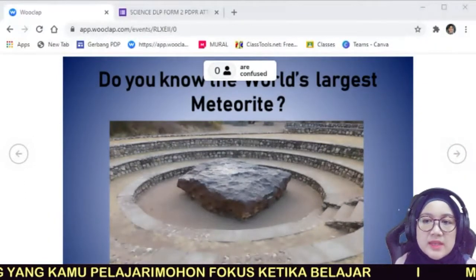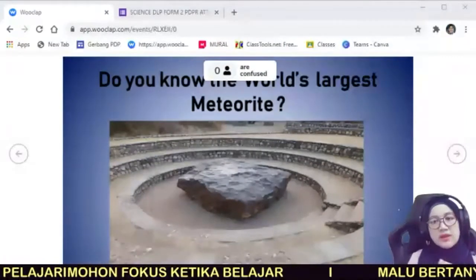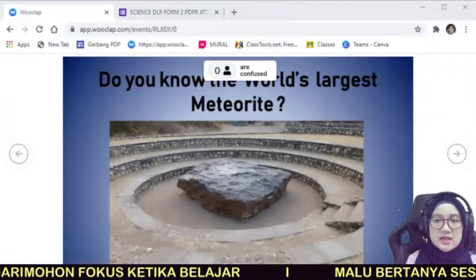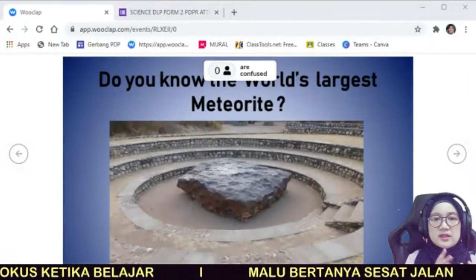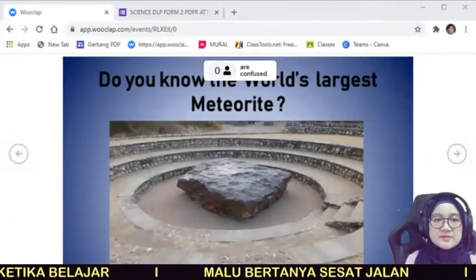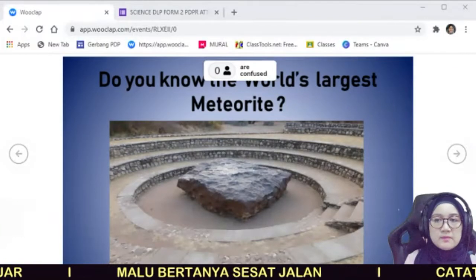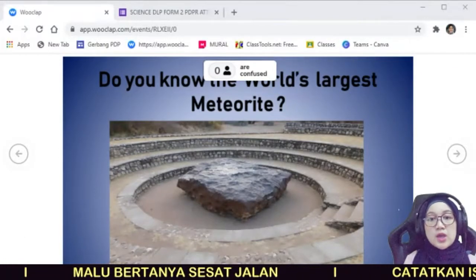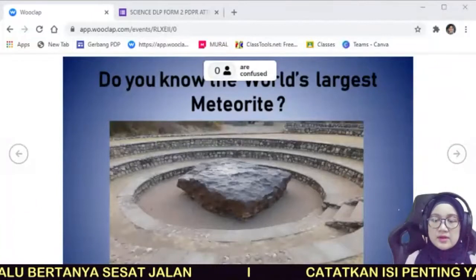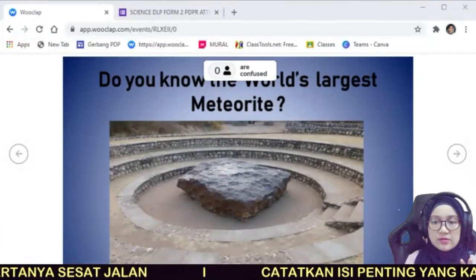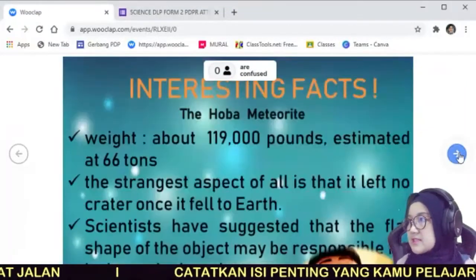There are so many terms that we are going to discover today: meteorite, meteoroid, asteroid, comet. Make sure by the end of the lesson today, you know how to differentiate between meteoroid, meteorite, asteroid, and comet. So let us begin with this.